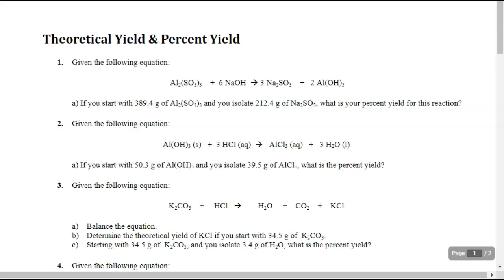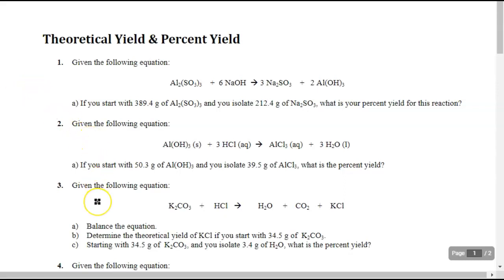So number 1 says, given the following equation, Al2(SO3)3 plus 6 NaOH gives me 3 Na2SO3 and 2 Al(OH)3.